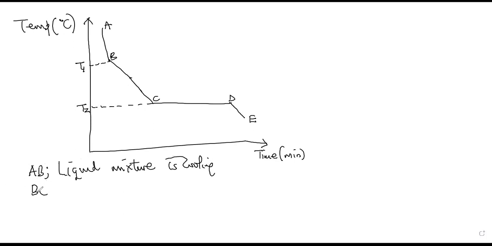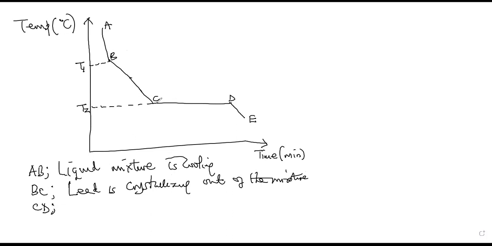Along BC, lead is crystallizing out of the mixture at temperature T1.